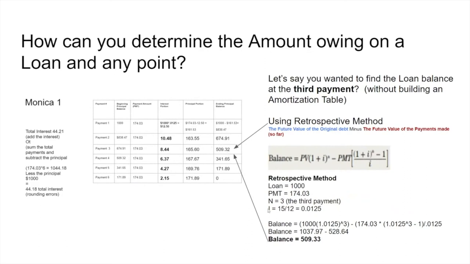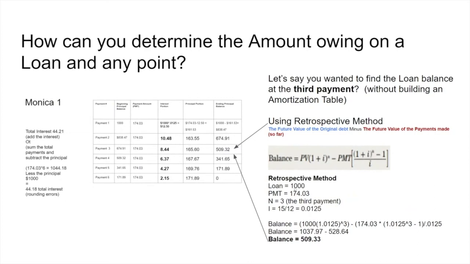The interest rate, according to the original problem for Monica, was 15% per year, compounded monthly. So the periodic interest rate is 15 divided by 12, which is 0.0125 in decimal format, which is what we need for the formula.